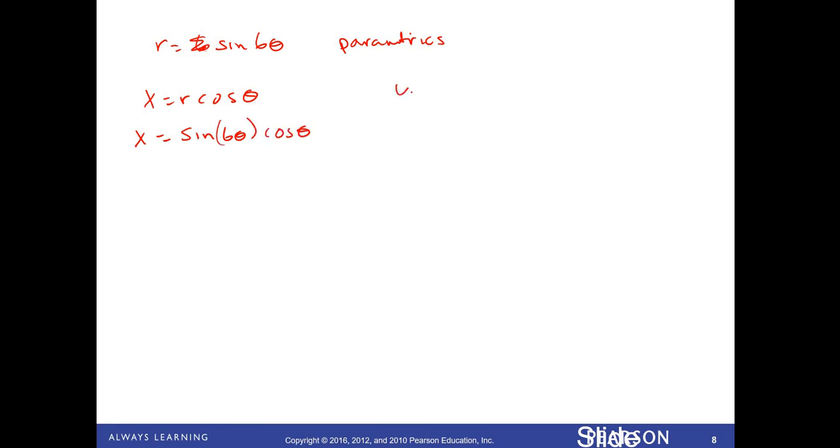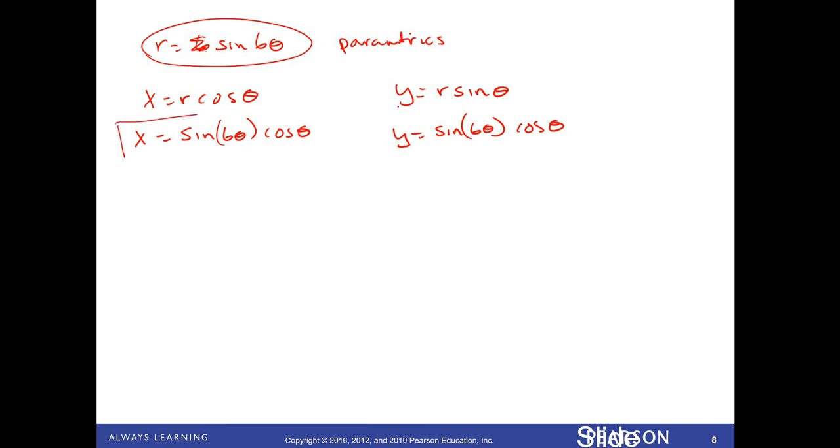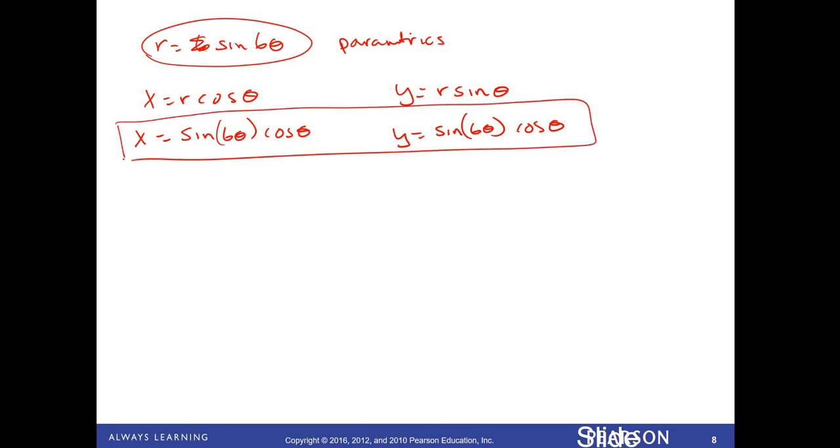And y is r sine theta. So y is going to be the sine of 6 theta sine theta. Now when we get to class, we're going to look at graphing this equation both in its polar form and in its parametric form. We'll do that when we're in class together.